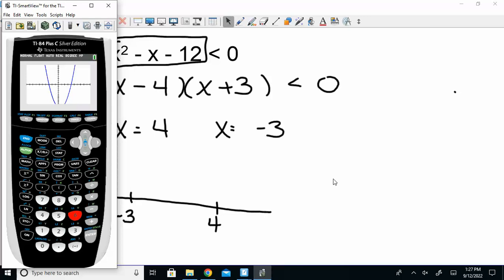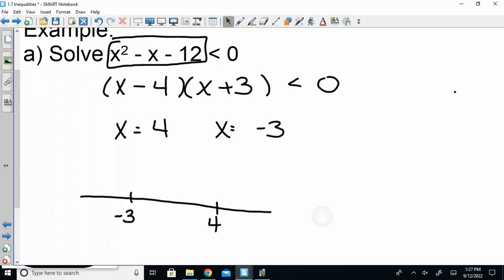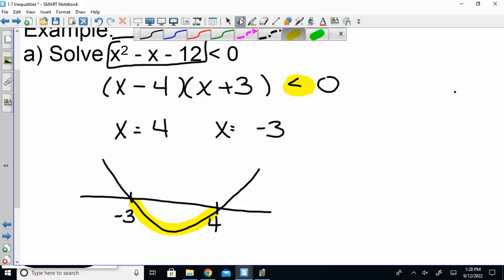Negative. I'm asking when this graph is below the x-axis. This line represents when it equals 0. This is where it hits, drops down below, hits again, and then it's back above. So the portion where it was less than 0, below the axis, was between -3 and 4.